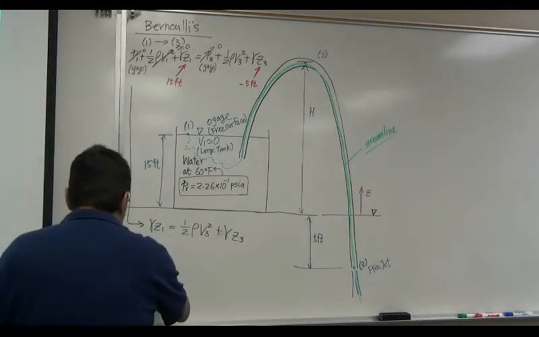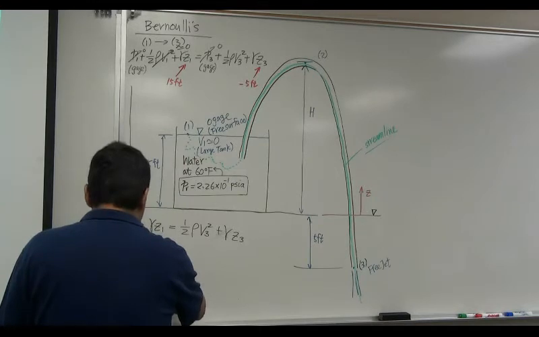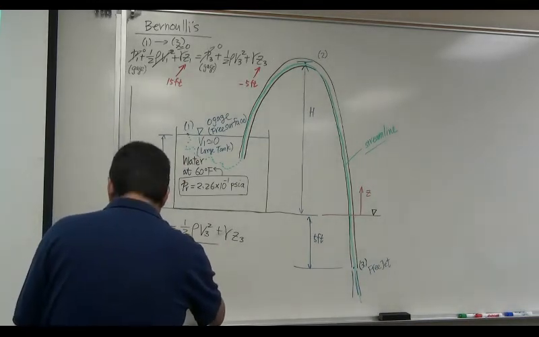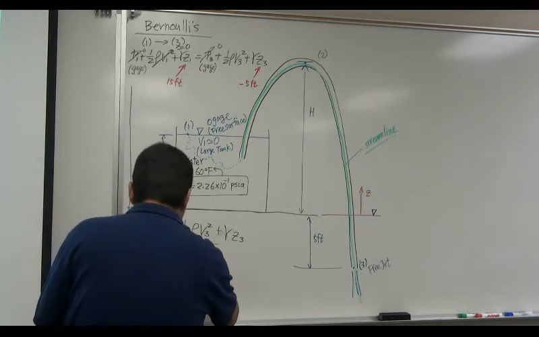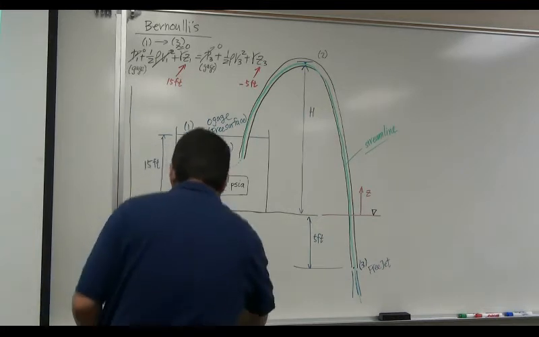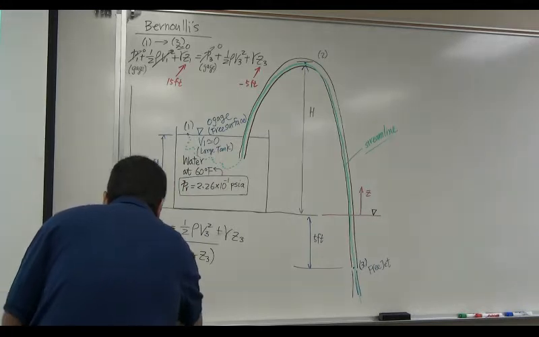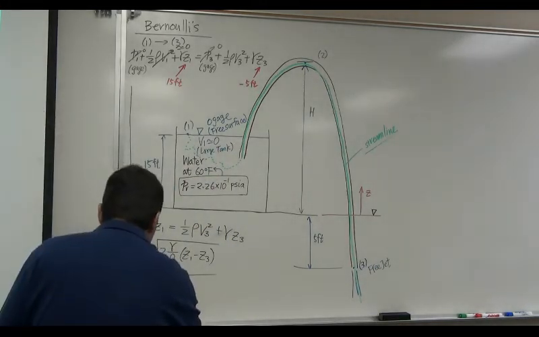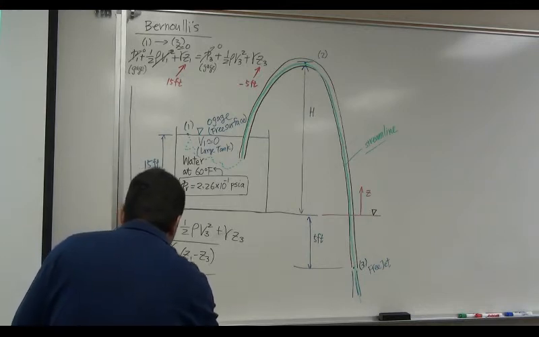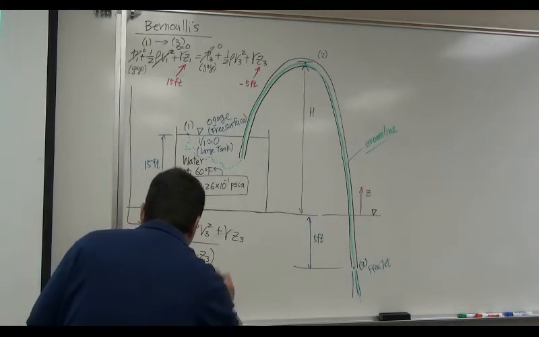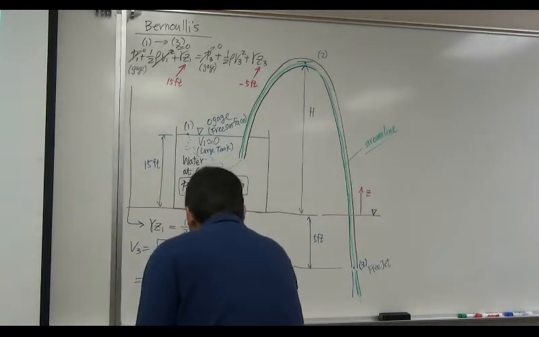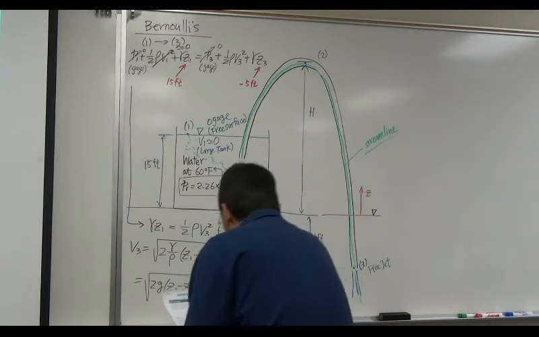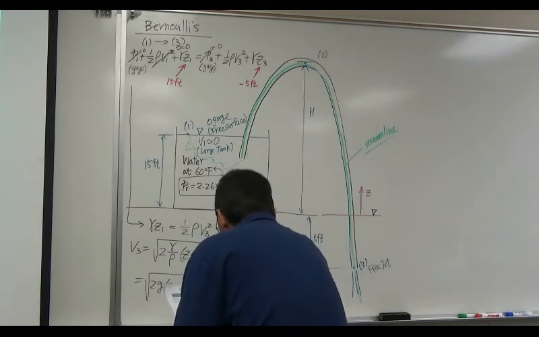So let's solve for V3 here. V3 is the square root of 2 times gamma over rho times Z1 minus Z3. Gamma over rho is g. So this is 2 times g times Z1 minus Z3, which is the square root of 2 times g. g is 32.2, let's plug in.